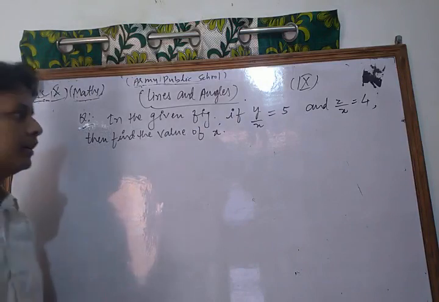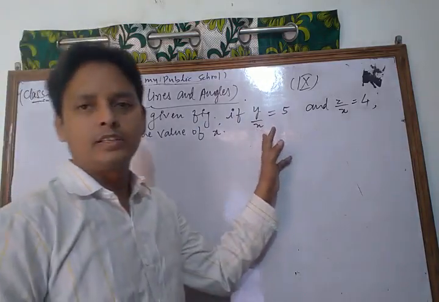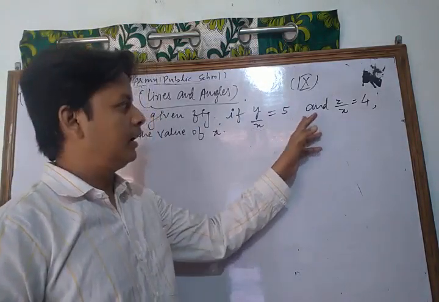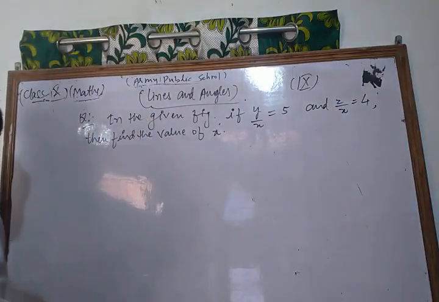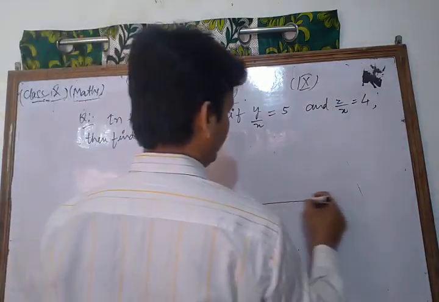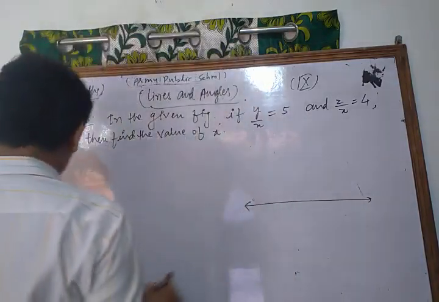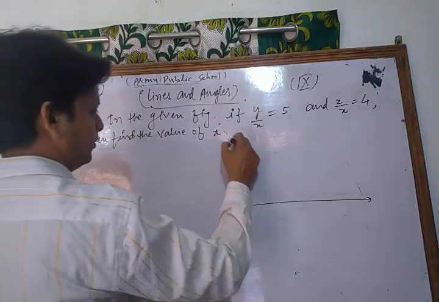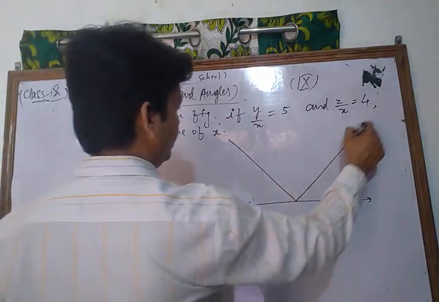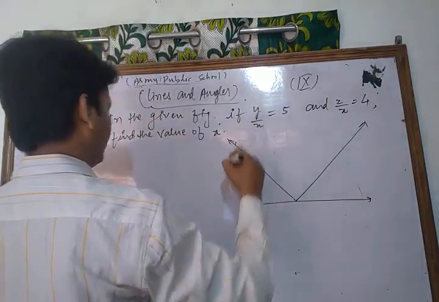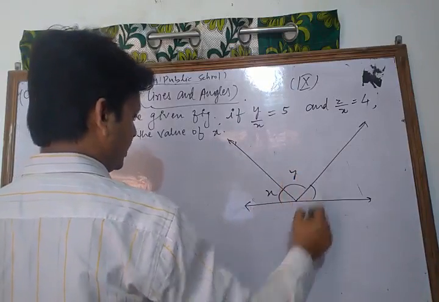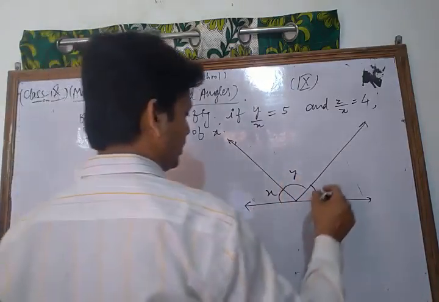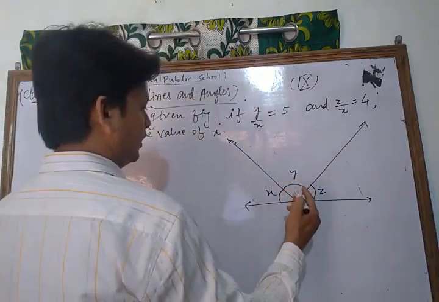In the given figure, if y upon x is equal to 5 and z upon x is equal to 4, then find the value of x, and your figure is this. This is x, this is y, and this is z.